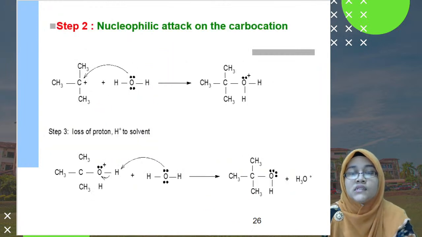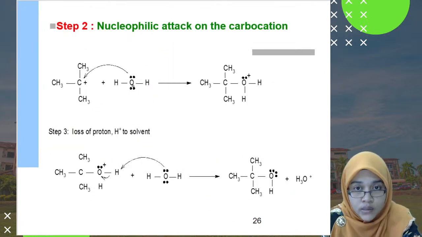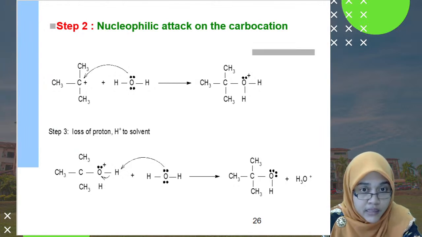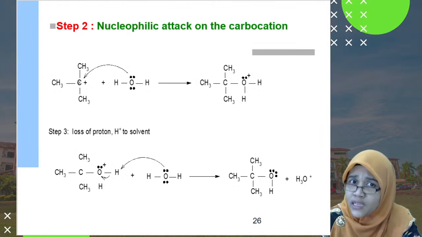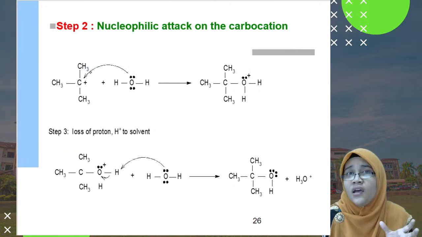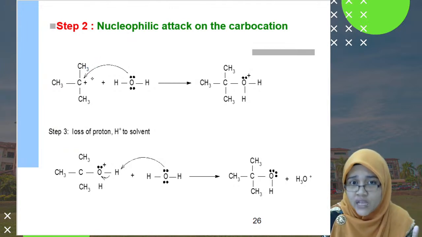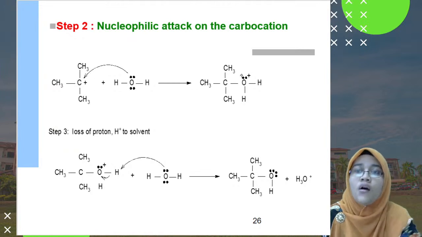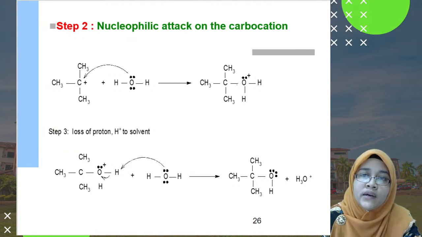The next is we have water. Water brings the nucleophile, and this nucleophile will attack the carbocation because the carbocation is an electron-deficient species, susceptible to being attacked. When it attacks, it forms a bond here, but it is not stable because it's an ion. So what happens again?